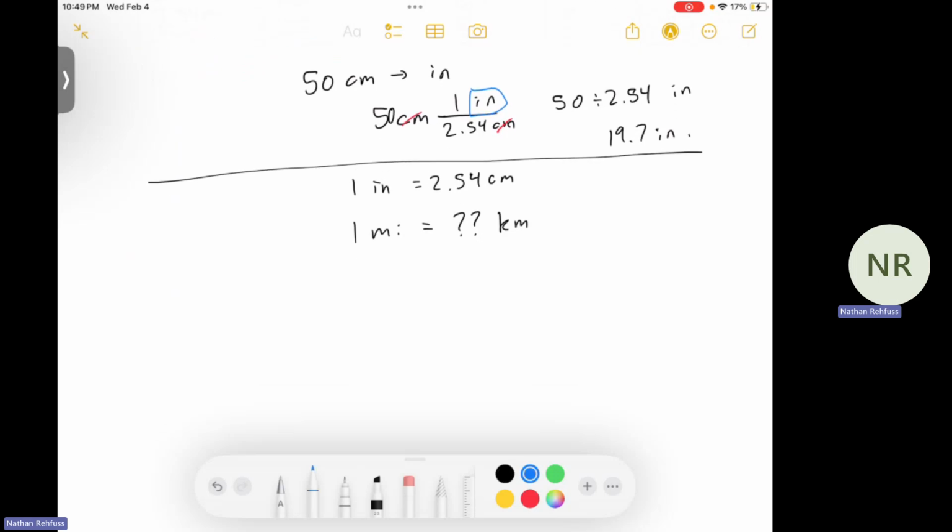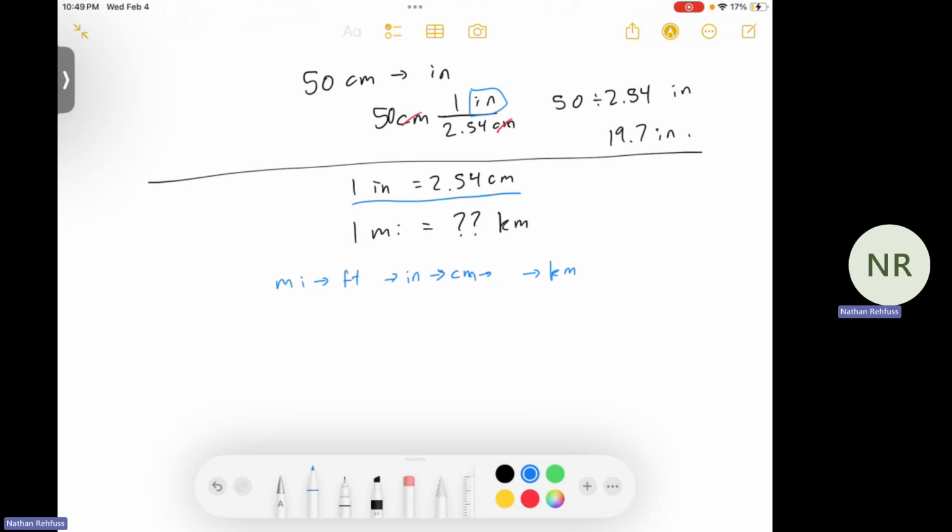First, I need to make a plan for what fractions I'll use to convert from miles to kilometers. Now I know to get from customary to metric, the only thing we have defined in law is the inch. So I'll need to go from inches to centimeters in the middle of this problem. To get from miles to inches, I can go through the foot.